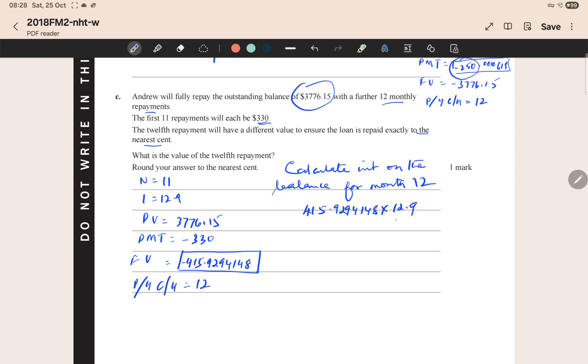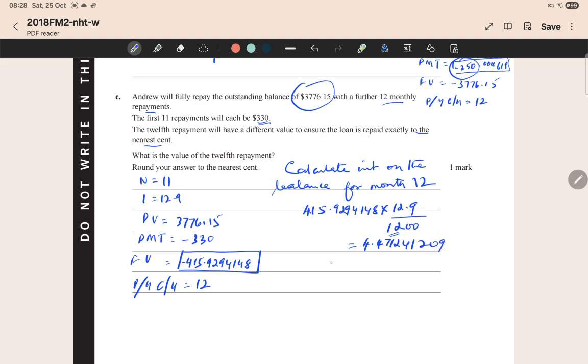And 12.9 over 1200, and be extremely mindful that you include the compounding period into it, and that gives you 4.4712412009.